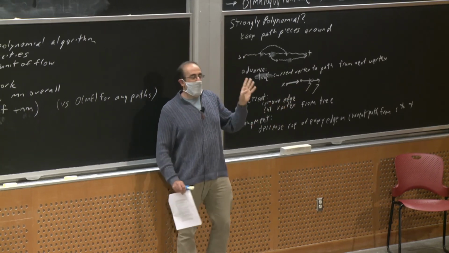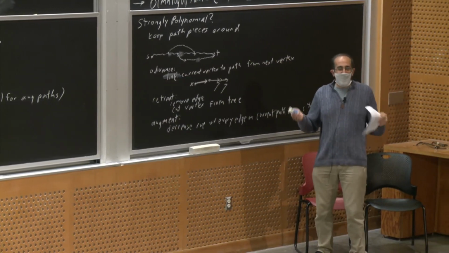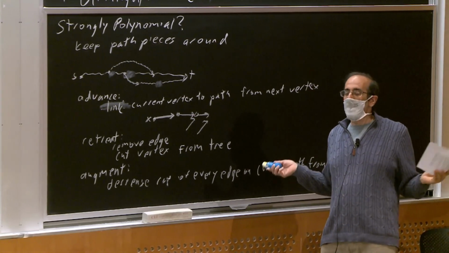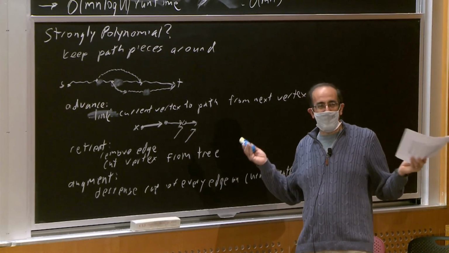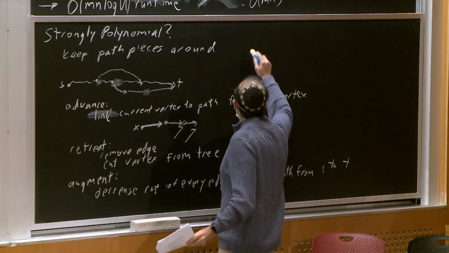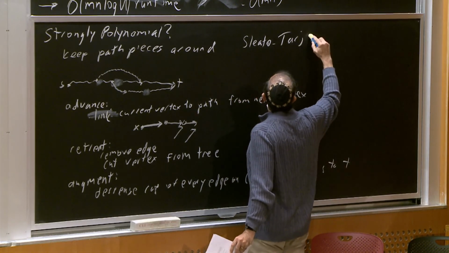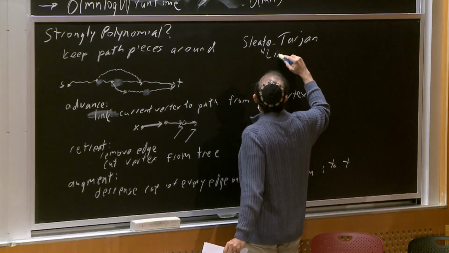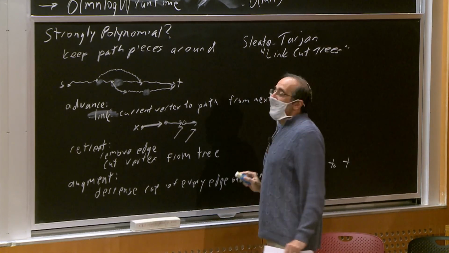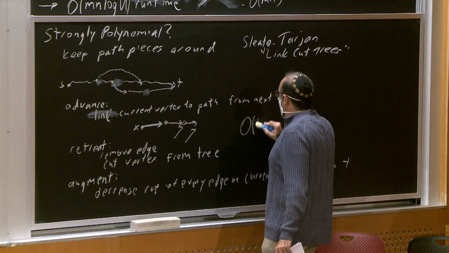So all you need to do is figure out a data structure that can do all of these things really fast. Who would you turn to if you wanted to figure out that kind of data structure? Tarjan, of course. So Sleator and Tarjan developed these things called link cut trees that are able to do all three of these operations in order log n time per operation.